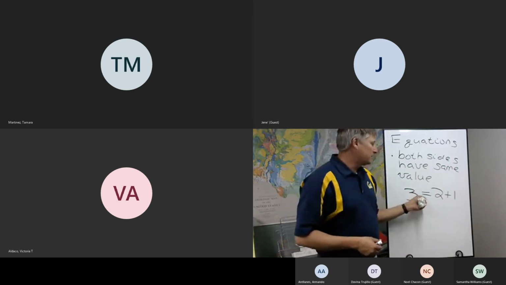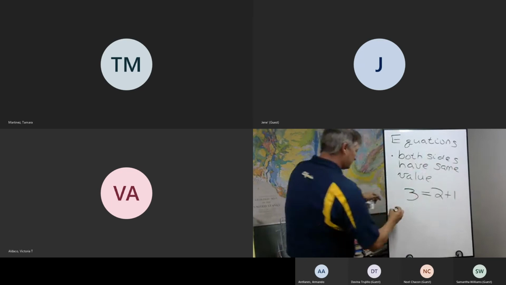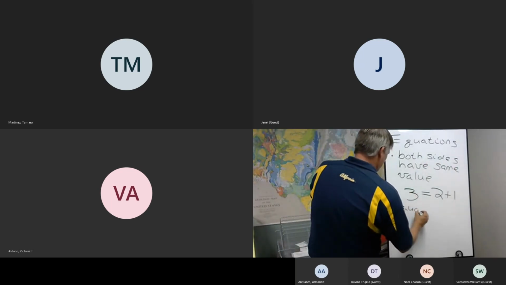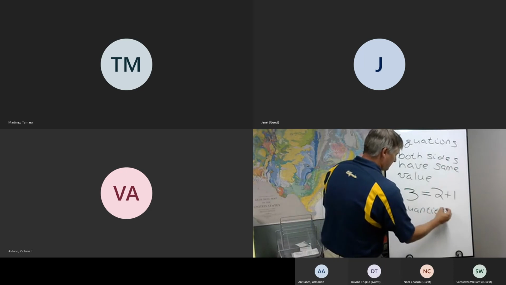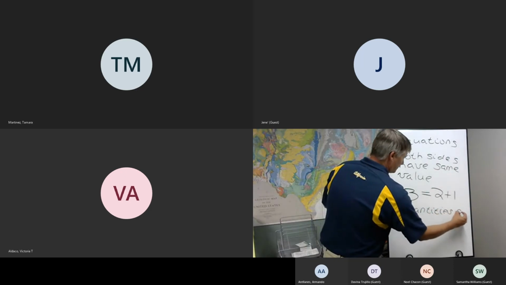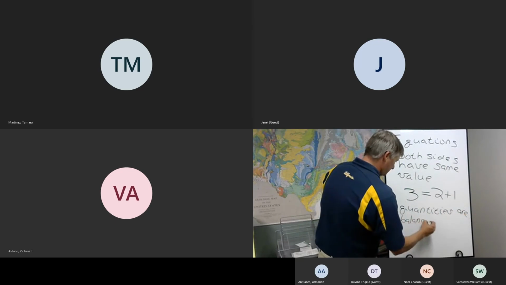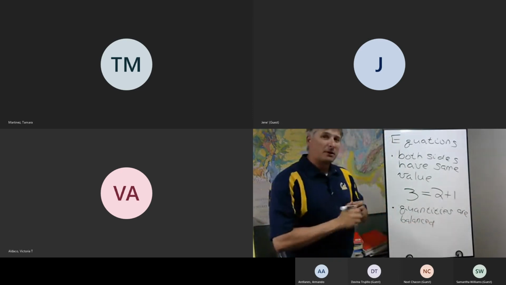An equation is where the quantities are balanced. That's an equation.